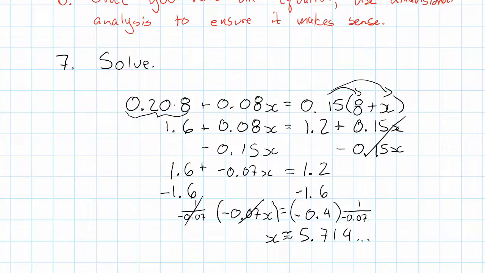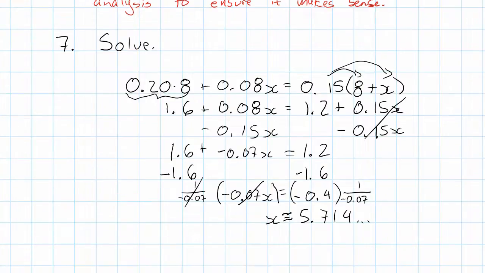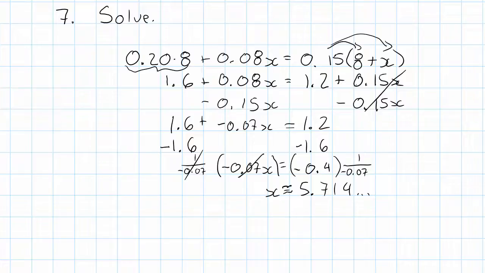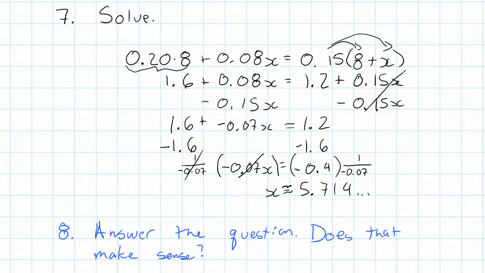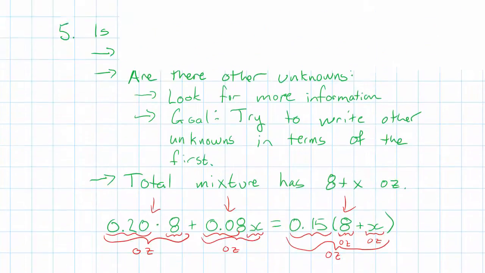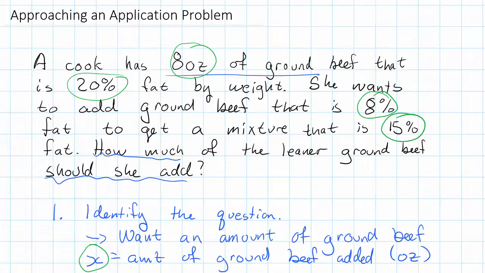Okay. So now we have the value of x, and we're ready for the very last step. We want to answer the question and see if our answer makes sense. So, okay, back to the story. The question asked, how much ground beef should she add? And we let x be that amount of ground beef. So our value of x is the answer to the question.